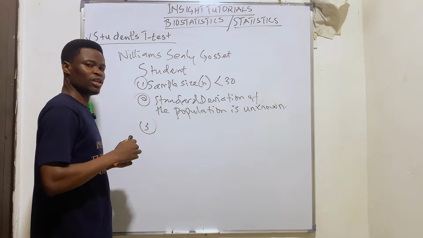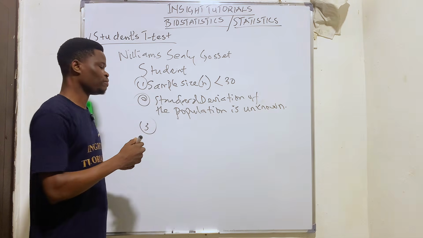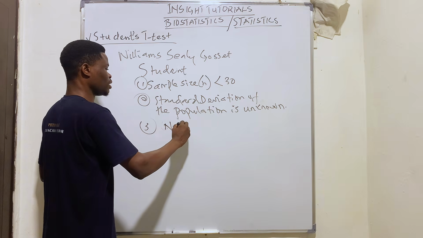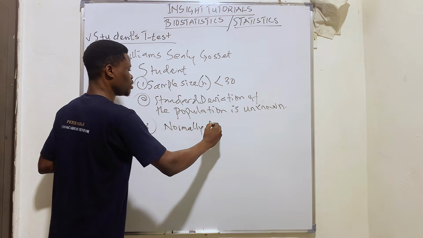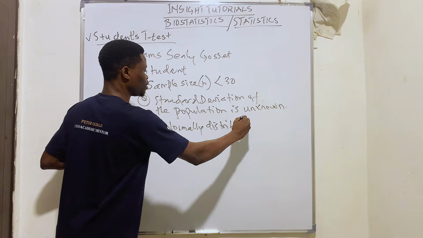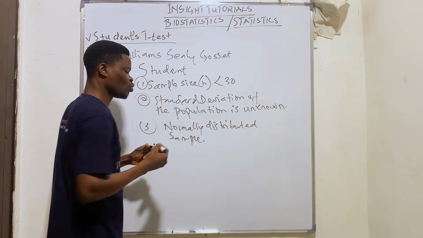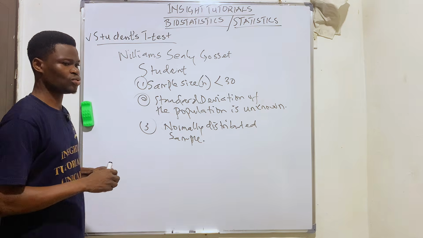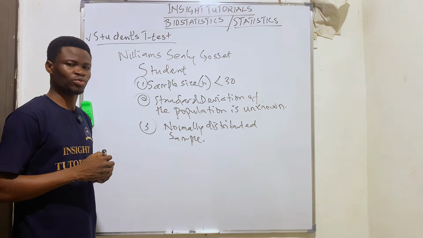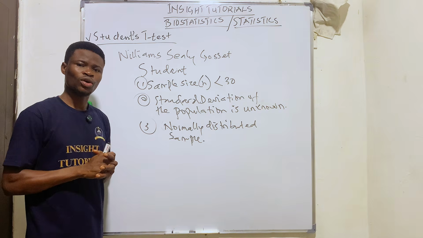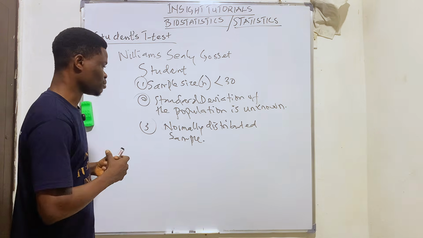Number three, it's when samples are normally distributed, or we can say normally distributed samples. So once these three conditions are met, you can carry out student t-test. So we're going to do a typical example of the student t-test.